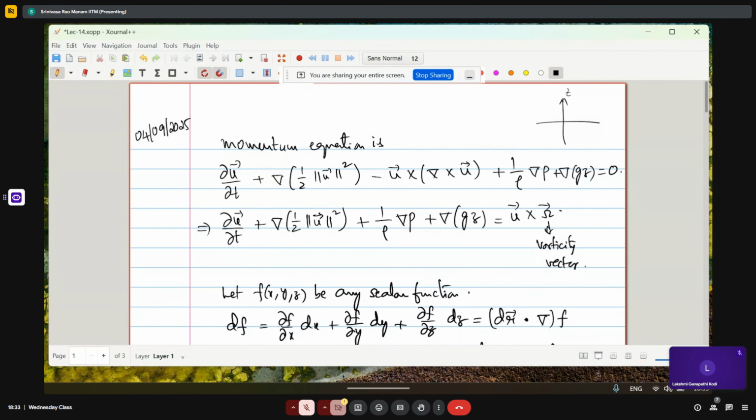Force, you'll have to represent it. What is that force? Why did I write gradient of GZ? Maybe in lecture 14, or lecture 13.